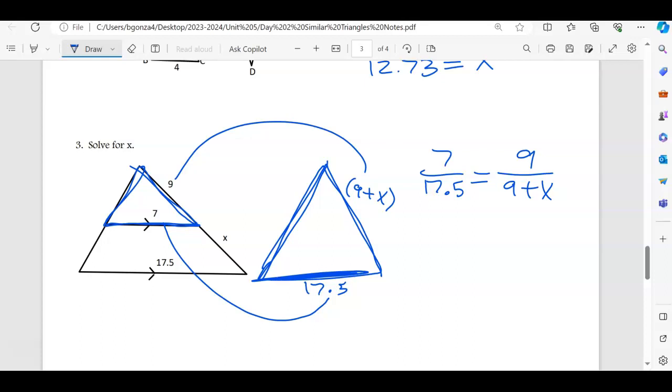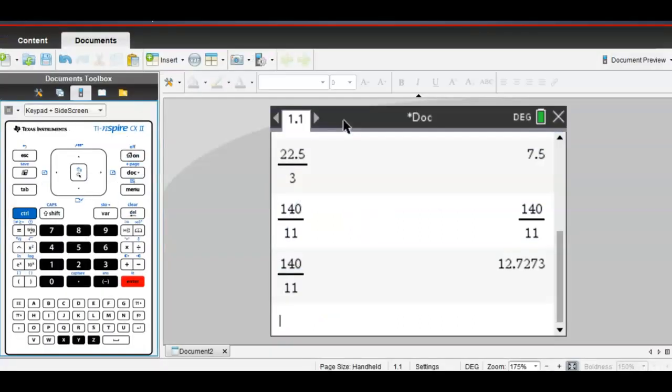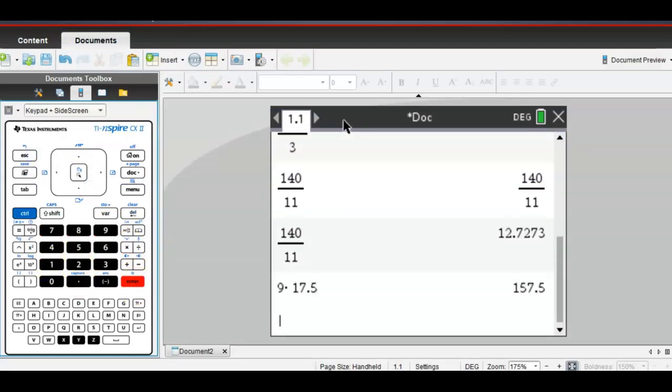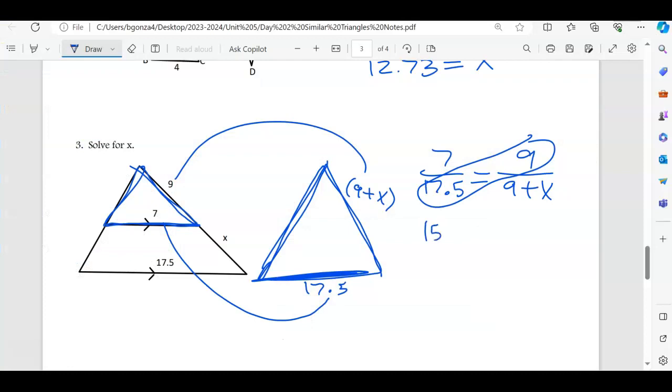So since we've done this a few times, I'm going to cross multiply and divide real quick, okay? 9 times 17.5 with the help of my calculator is 157.5. 7 times 9 plus x is going to be 7 parentheses 9 plus x.